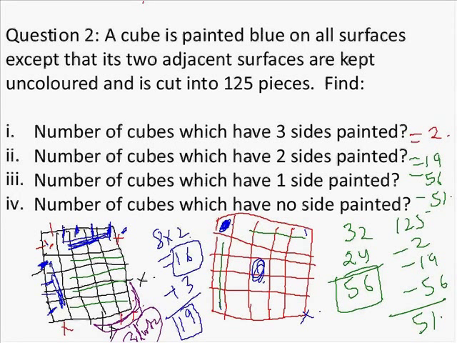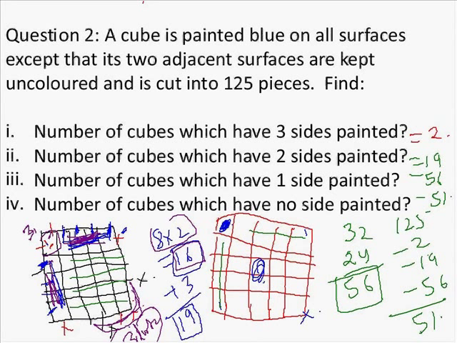Two sides painted. Front, you observe, these will be painted twice, this will be painted thrice. This corner will be painted thrice. So this becomes 4, this becomes 4. So 8. 8 front, 8 back. So that makes it 16.